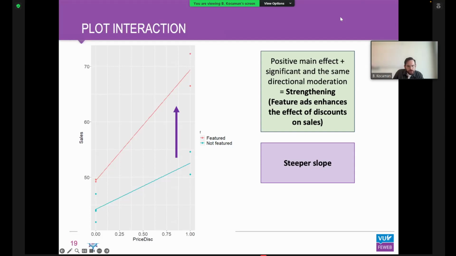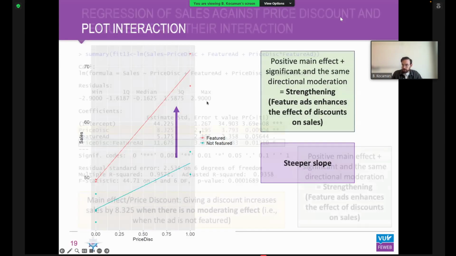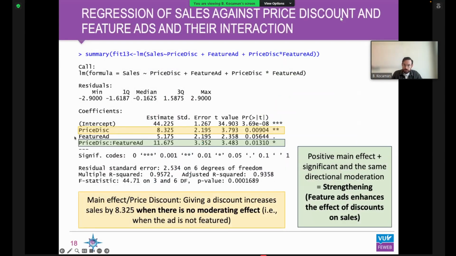So what if one of the main effects is negative and the other one is positive? When we talk about moderation, this is a good question because we just add the multiplication of two variables, right? We basically define conceptually what is the moderator and what is the independent variable. Here we define the feature add as a moderator on the effect of price discount, so we only look at the price discount and feature moderation.